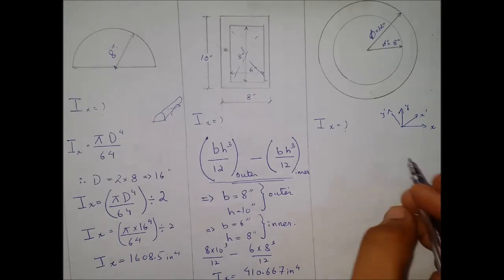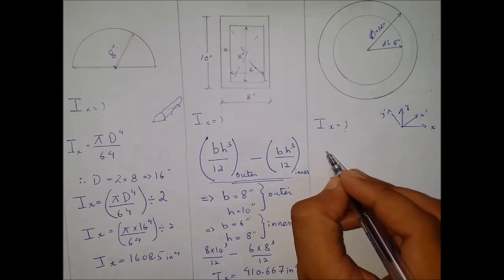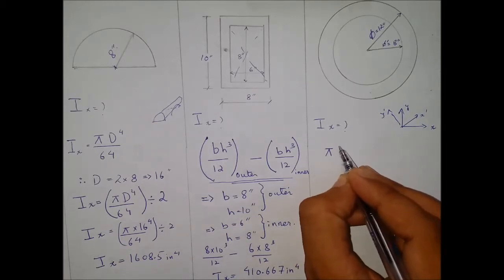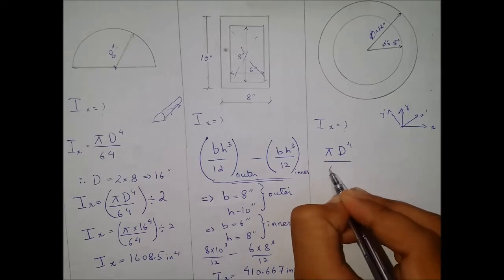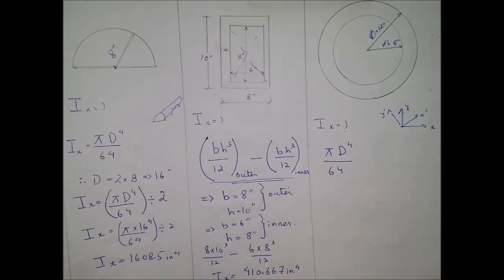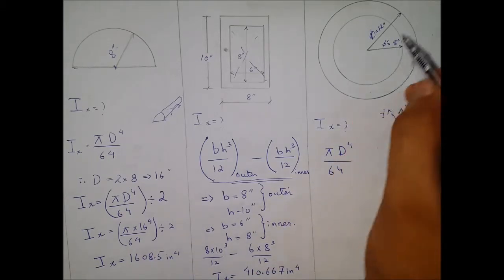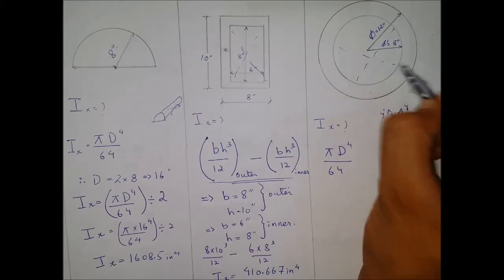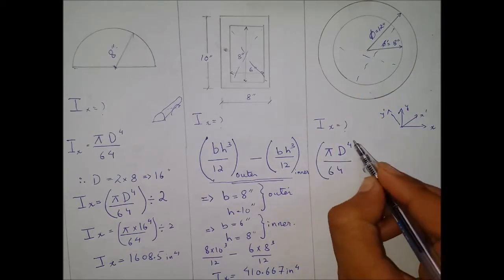So starting with, we know that for the circle the moment of inertia is pi d4 divided by 64. Since the inner area is void, we need to neglect this.